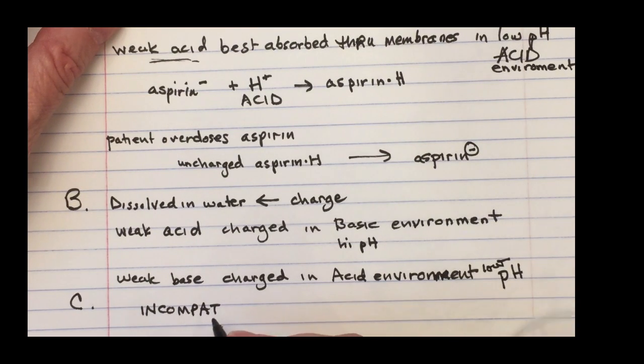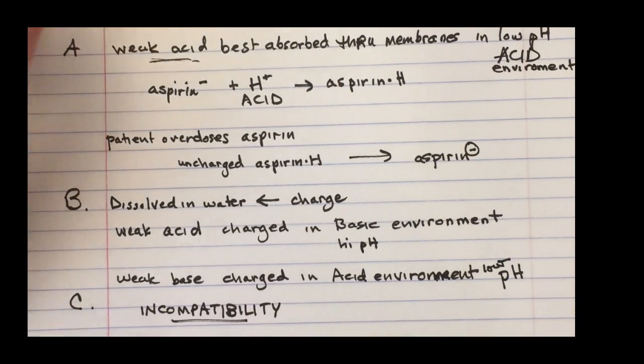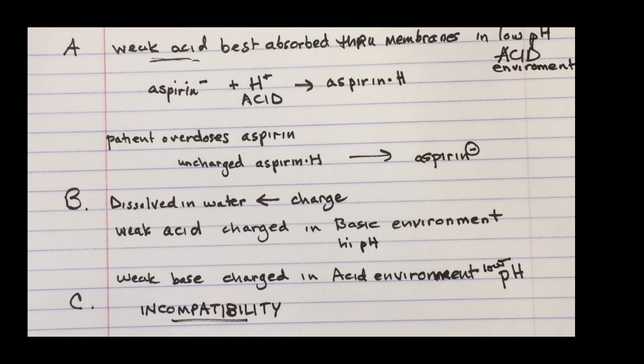So if you look up a drug on the internet and it says incompatibilities, that doesn't necessarily mean drug interactions. It just means they're incompatible in terms of injecting into somebody's IV, because if you put them in together, they turn into a precipitate and a solid, and you do not want solids going into people's blood vessels.